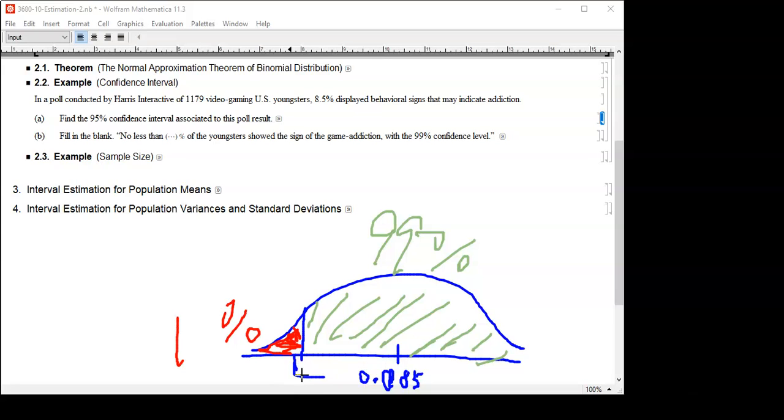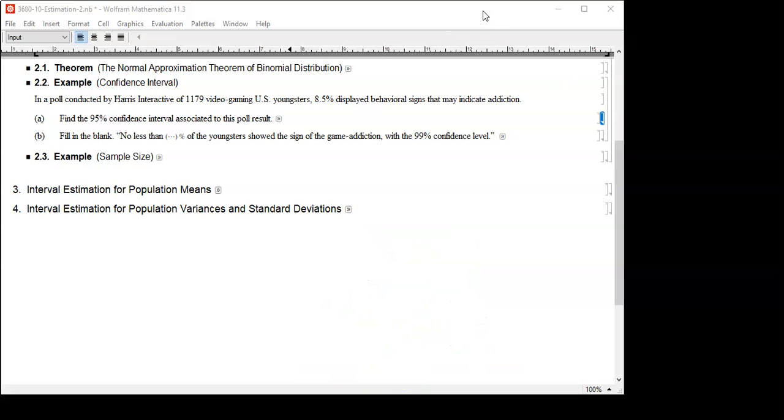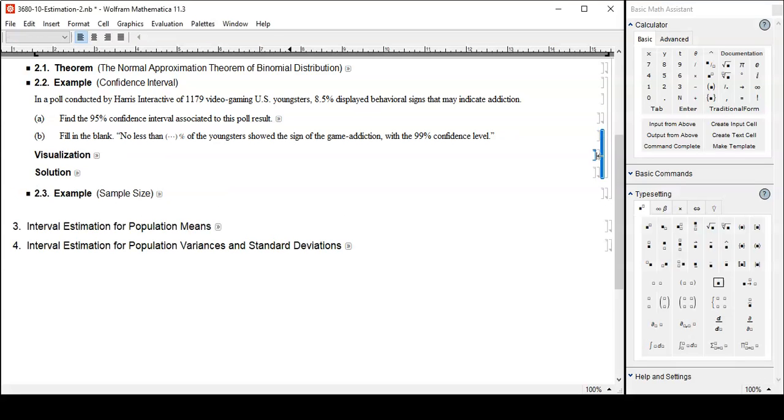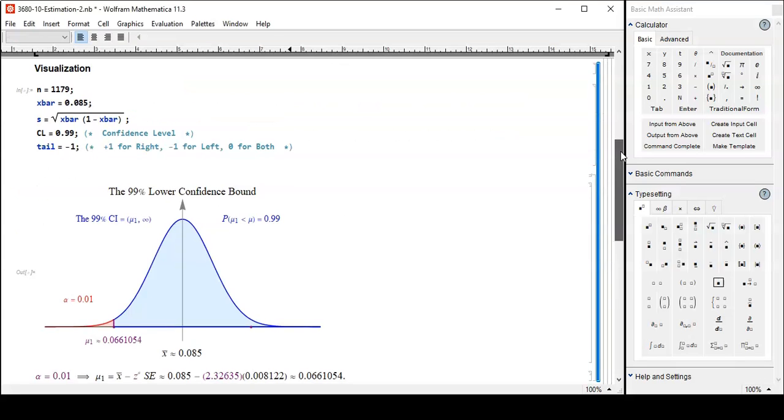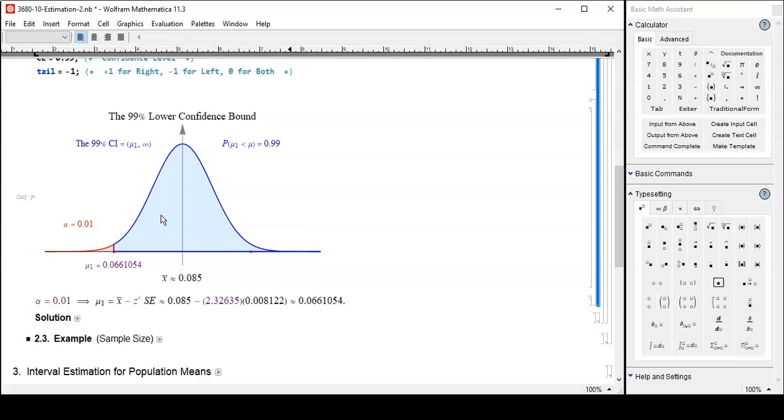Endpoint minus center, L minus 8.5% over SE, that will be the same. But the z-score will be associated to 1% here on the left-hand side. Make sense? Let me show you a much better picture. There you go. 95%. So that confidence interval is actually unbounded, one-sided, and 1% there.